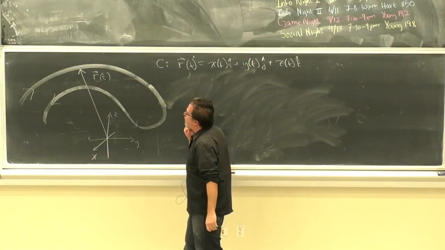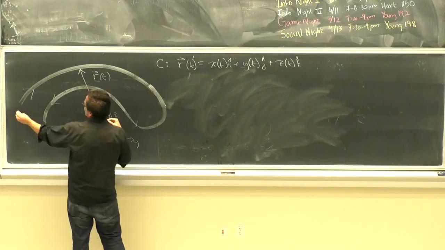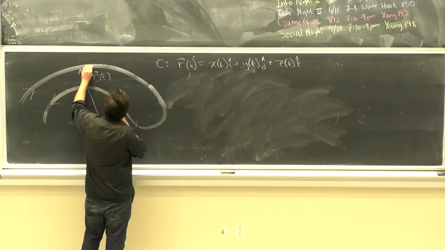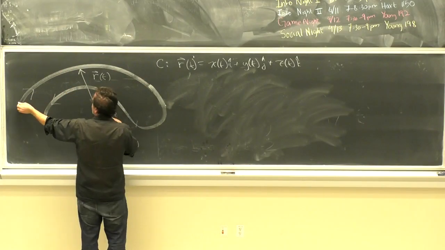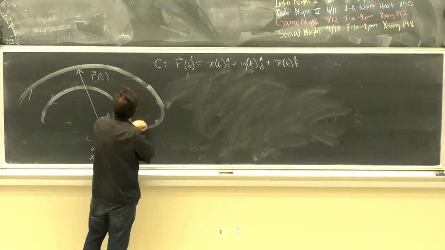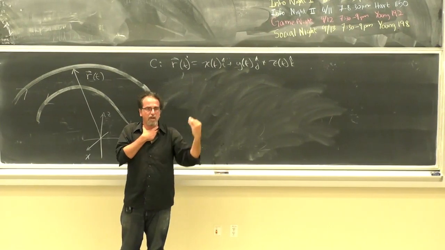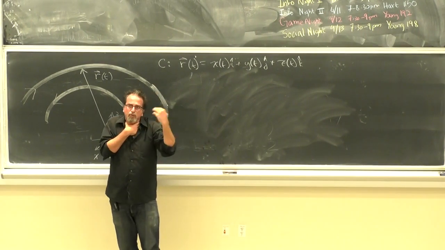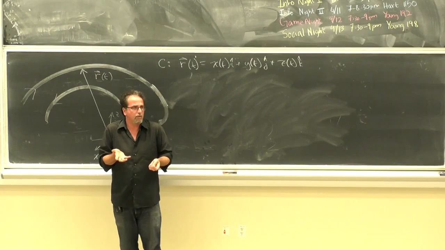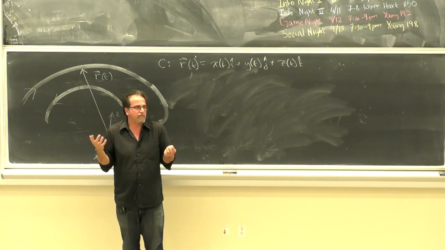I draw arrows on the curve to indicate a direction of motion, a sense of going across the curve from one direction to the other. In physical problems, of course, objects have trajectories. But for a pure curve, if you just draw it down, there's no sense of direction.